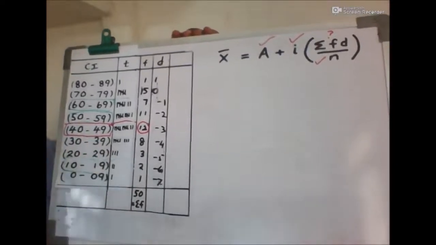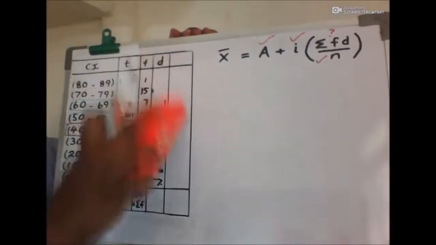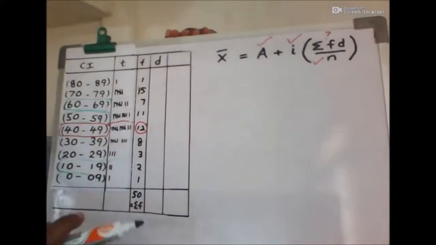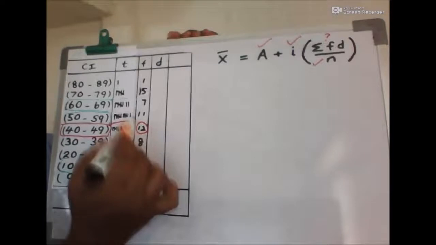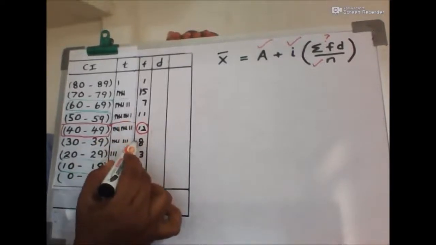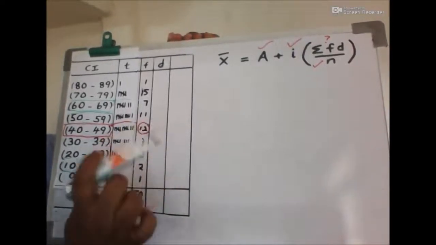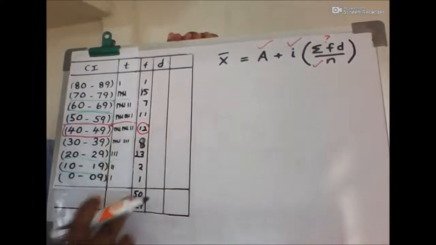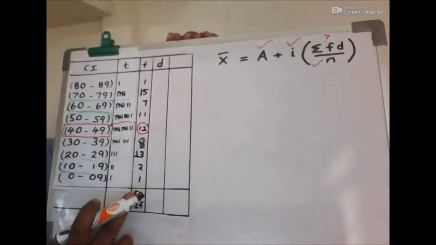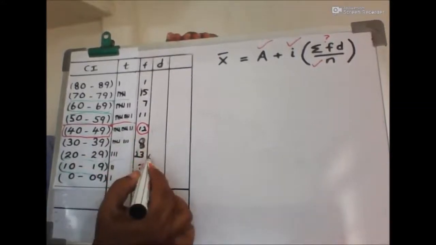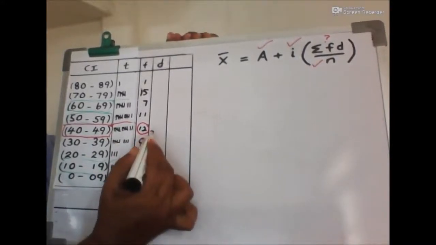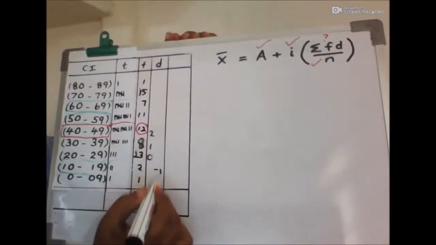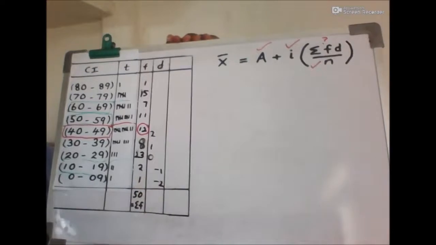Now we'll take another example here. We'll say 23 here. Don't mind this total. What do you have to do now? Put 0 and then 1, 2, 3, 4 like this, and down minus 1, minus 2.